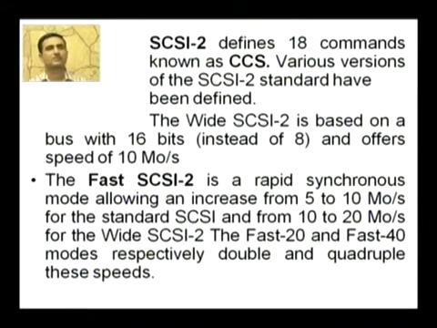It is a rapid synchronous mode, and it doubles the speed as it is used for the standard SCSI, from 5 to 10 Mbps, and if it is used for the wide SCSI, then it doubles it from 10 to 20 Mbps.